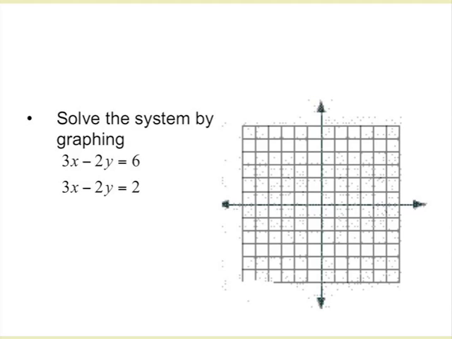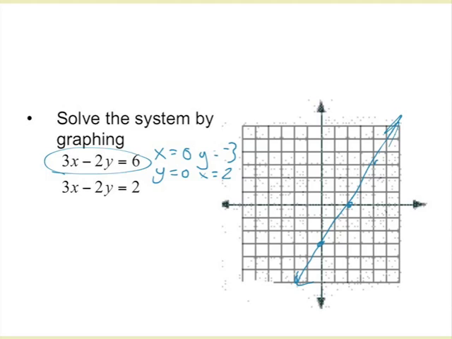All right, so for the first one here, if I let x equal 0, y is -3, and if I let y equal 0, x is 2. So I get y is -3 and x is 2. Oh, it's the same thing as last time. That is the same line as last time.